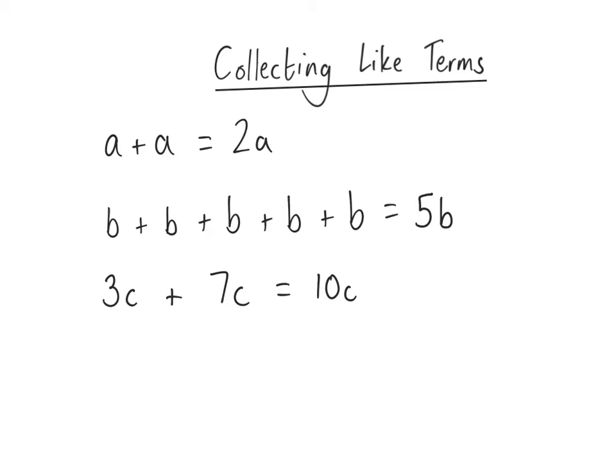And what do you think 5t plus 7t subtract 3t simplifies to?